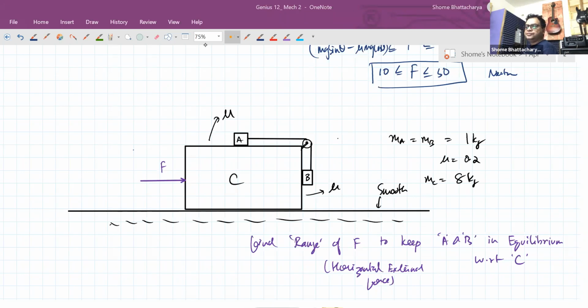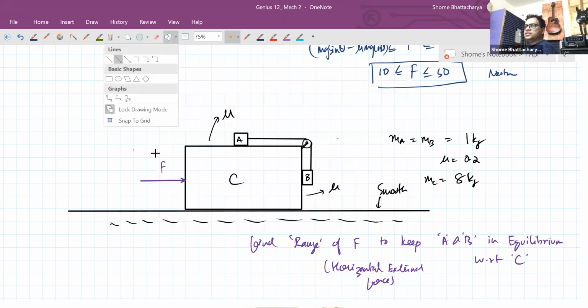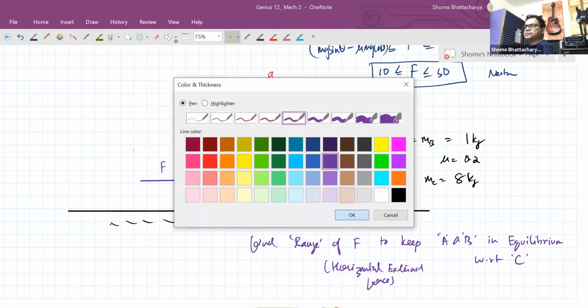Okay, so let's verify this. Now again, I'm going to use a direct free body diagram here. So let's say we are in this frame which is accelerating like this at T. We are in this non-inertial frame. So in this frame, we will see what all forces are acting on these blocks.